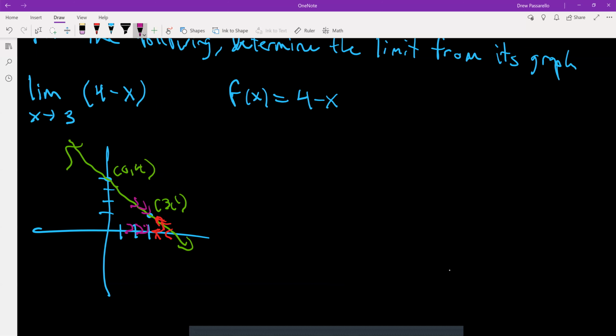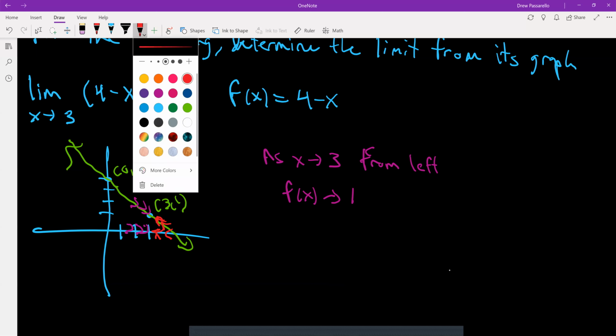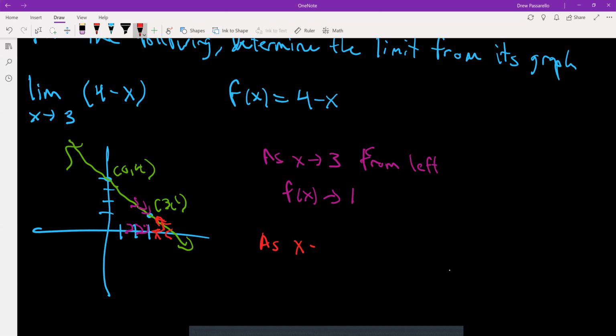So as x approaches 3 from the left, the y coordinates approach 1. And then same thing for the right, they approach 1.